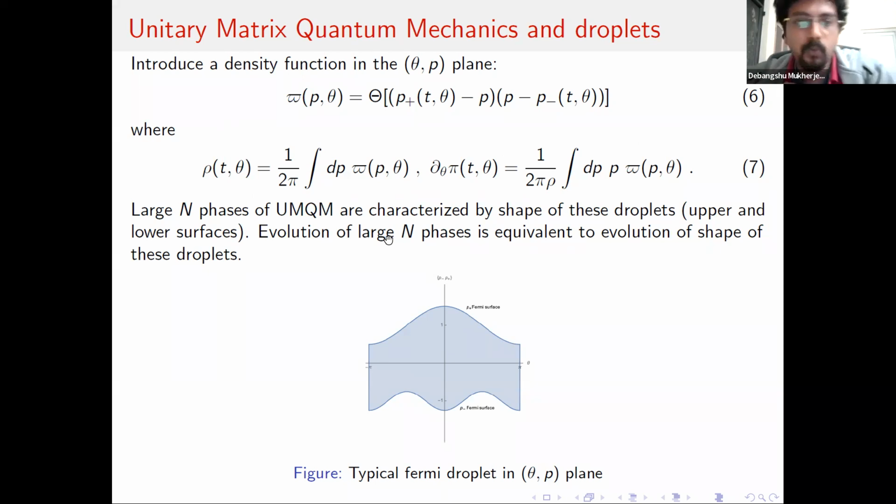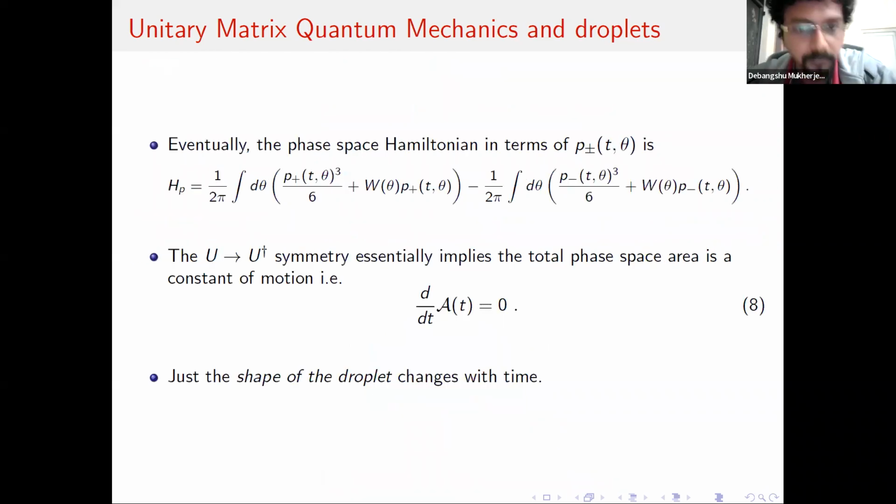So these large n phases of the unitary matrix quantum mechanics correspond to various shapes of these droplets. The upper and lower Fermi surfaces specify the shape, and the evolution of large n phases is equivalent to how these 2D droplets evolve in the p theta space. In terms of p plus and p minus, this is how the phase space Hamiltonian looks.